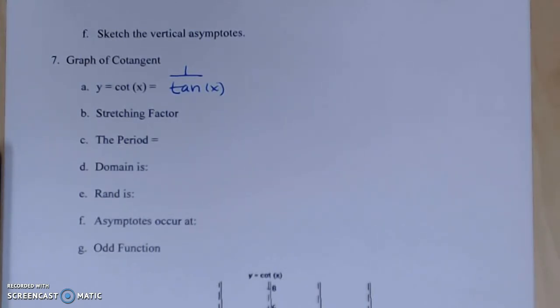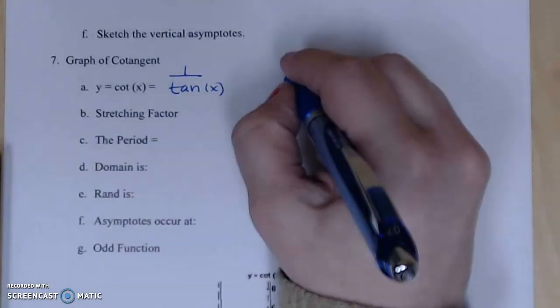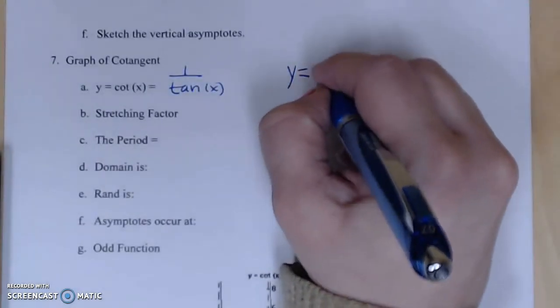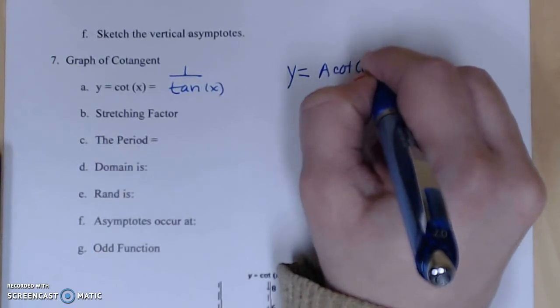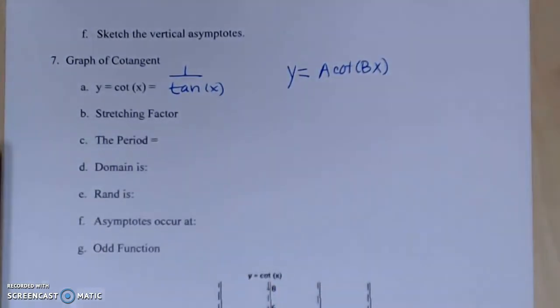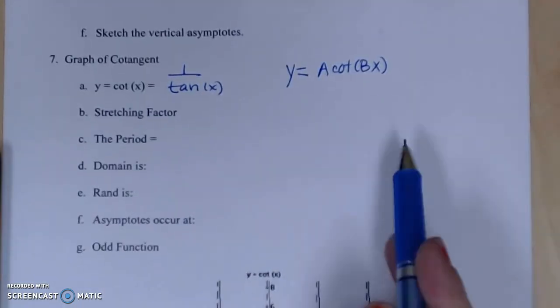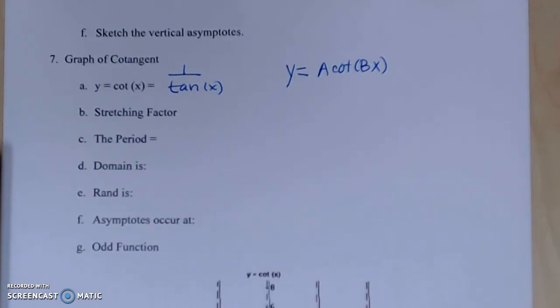So first of all, if I'm just considering y equals a cotangent of bx, they have this broken down into your basic one and then your general form in a minute, because the general form where it has your c and d just accommodates your shifts. So if you can identify your a's and b's and get your compression or stretching of it, then it's just a matter of shifting those around.